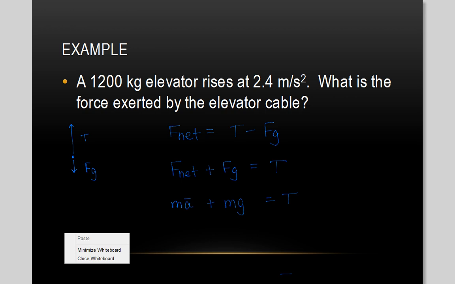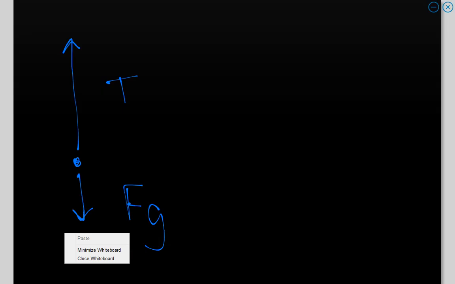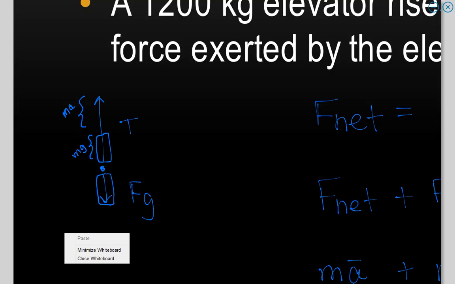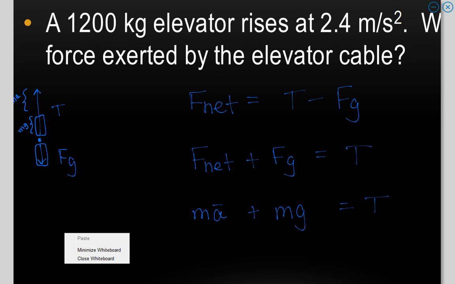Hopefully that makes sense. I want you to think about this diagram. This Fg would be like this much here, right? See how it matches? What's the rest of this bit then? The rest of this bit, that's the ma. This is the mg. Now look at the equation.